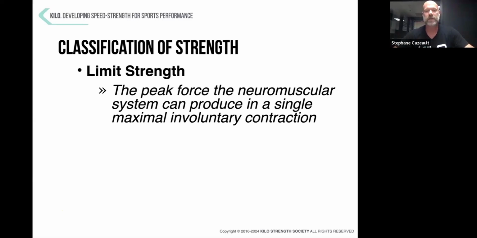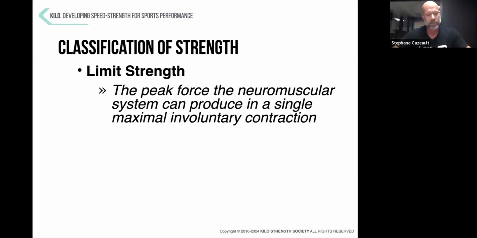It's the peak force the neuromuscular system can produce in a single maximum involuntary contraction. It's involuntary. It's really hard to truly access limit strength with a maximal voluntary contraction. On your own, you're never really going to be able to recruit all motor units or all your muscle fibers.